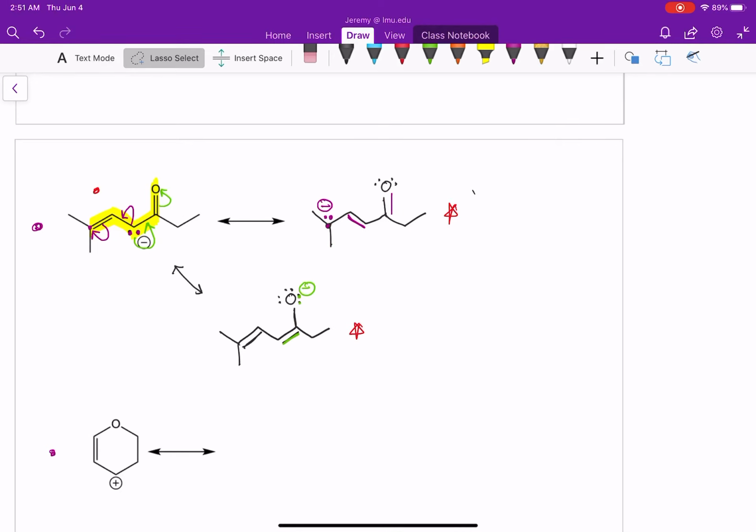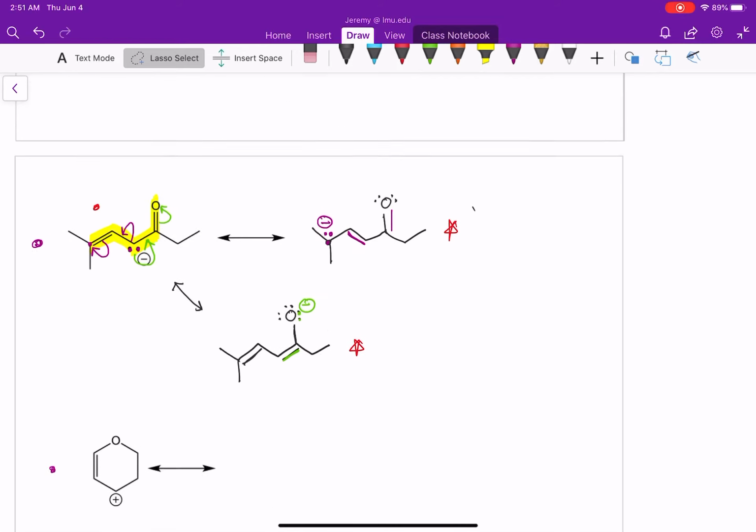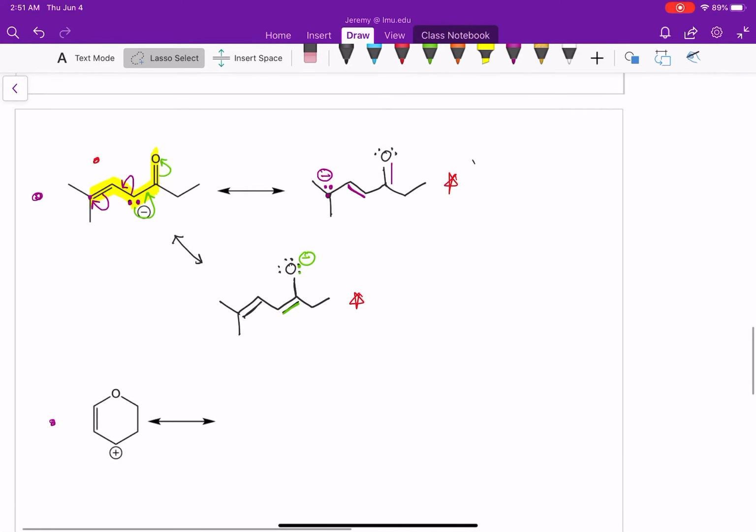Well, here we can think about electronegativity. Which atom is more electronegative, carbon or oxygen? We know it's oxygen, which means oxygen would prefer to have the negative charge, all right? So if we look at these structures, this one here is going to contribute more to the overall structure.